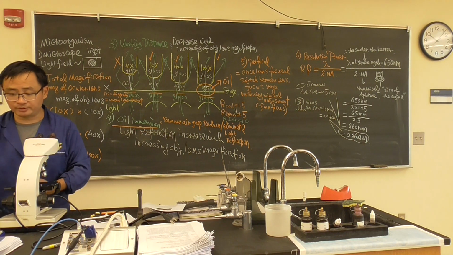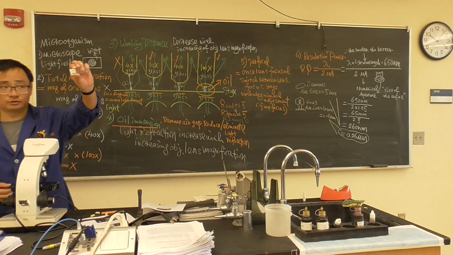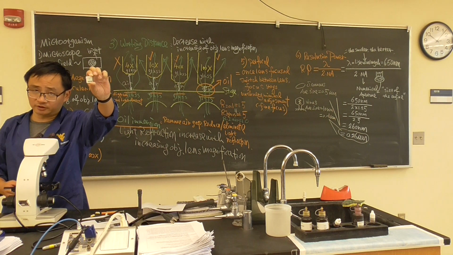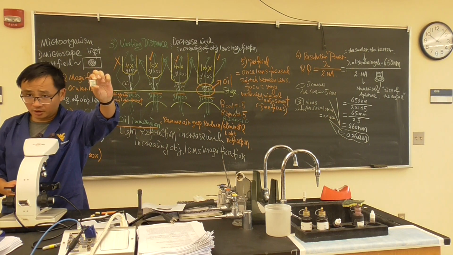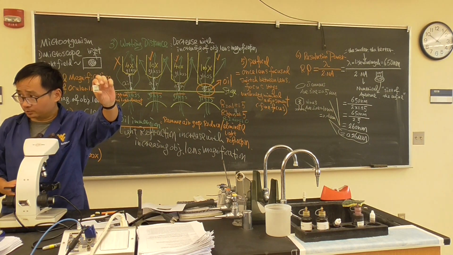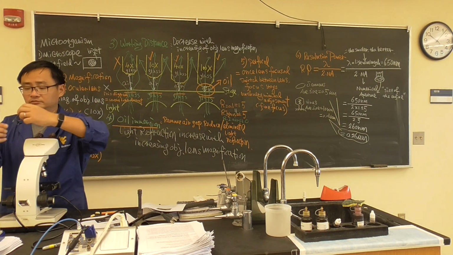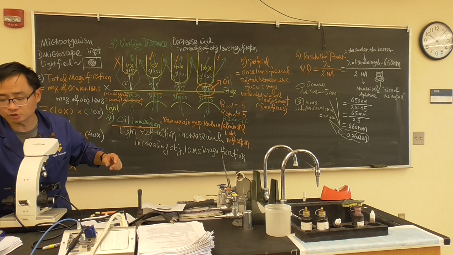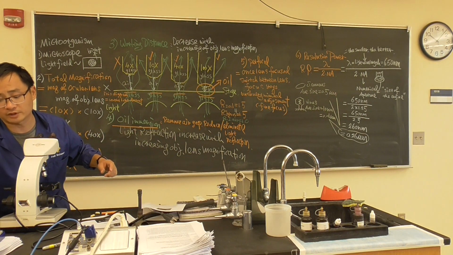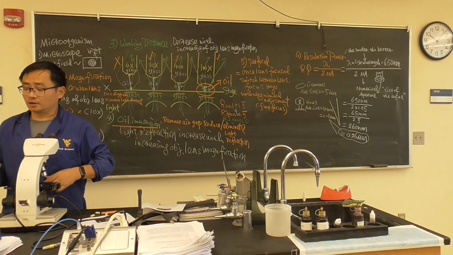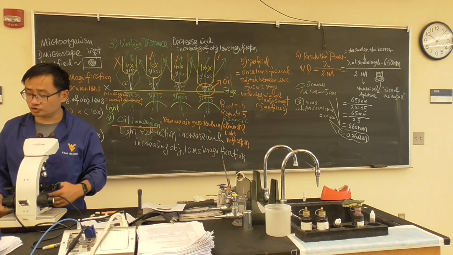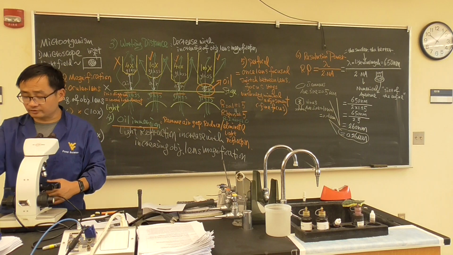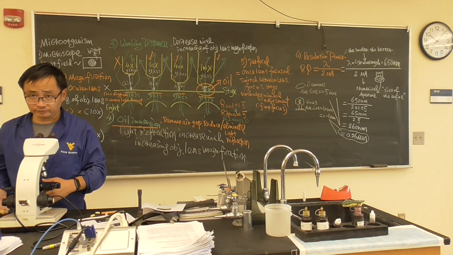I only have so many pieces, so you take turns. Another one, you will do the observation of the budding yeast, Saccharomyces cerevisiae, which is the yeast used for beer brewing. Everybody has to watch those two slides and record it in your lab notebook. You can take a picture and put it there if you want extra points.